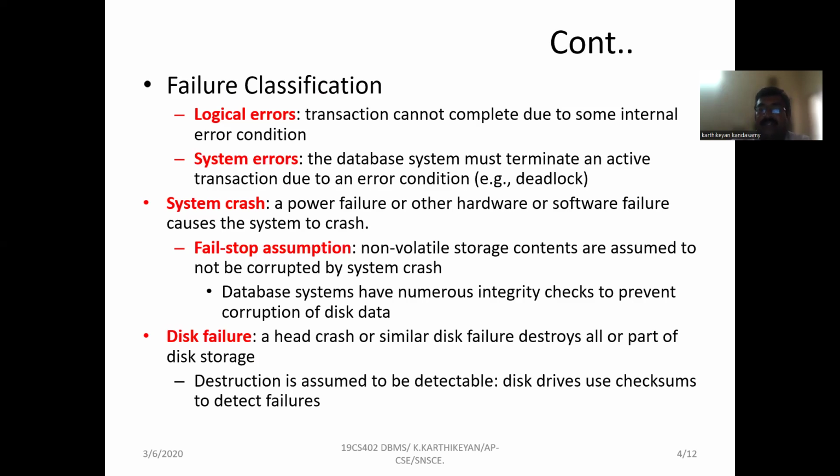Database systems have numerous integrity checks to prevent corruption of data on disk. In a disk failure, a head crash or similar failure destroys all or part of the disk storage. Some conditions can be applied, some cannot. The destruction is assumed to be detectable, and disk drives use checksums to detect a failure.